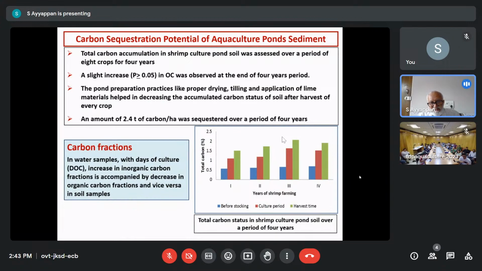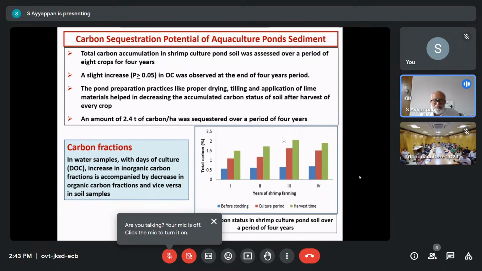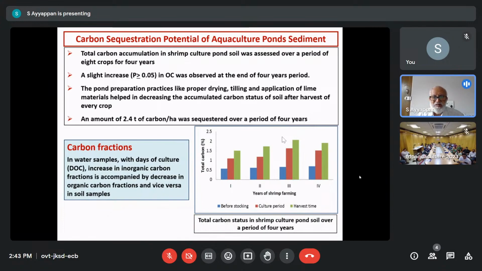So in the paddy system, which also releases a lot of greenhouse gases, carbon dioxide, methane, and so on, but at the same time nitrous oxide and so on. But at the same time, a lot of carbon dioxide is sequestered, is absorbed. And that's what we are trying to project in the climate change and the climate carbon budget. Now we talk of carbon budget.